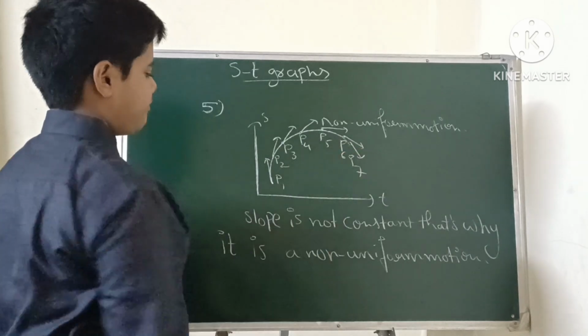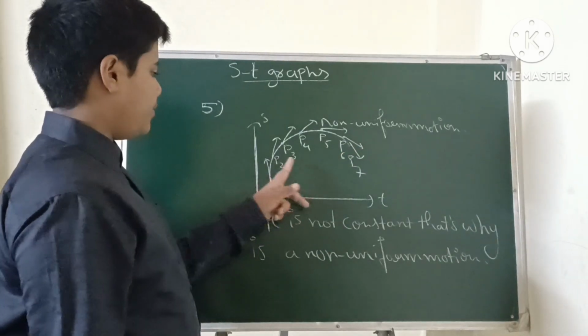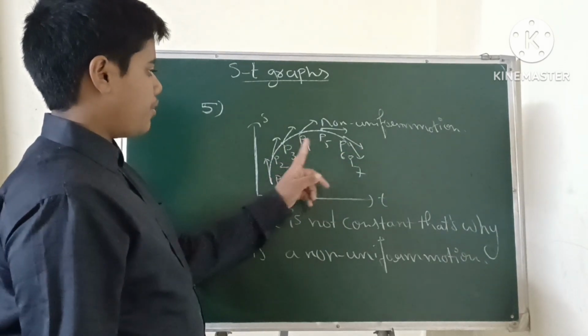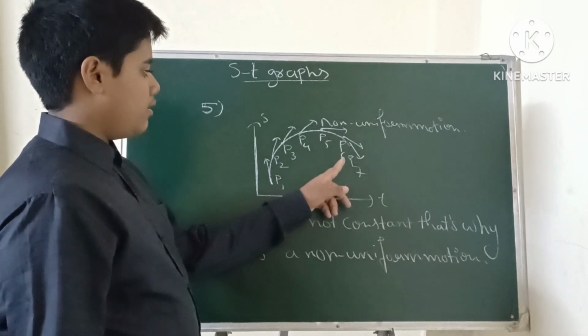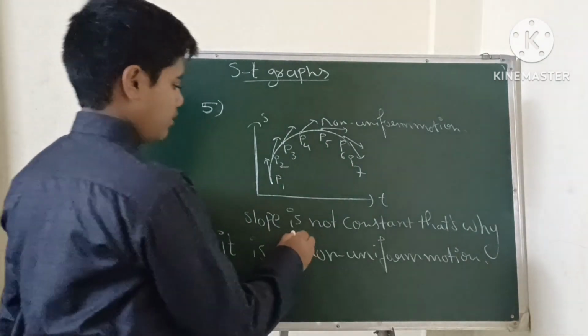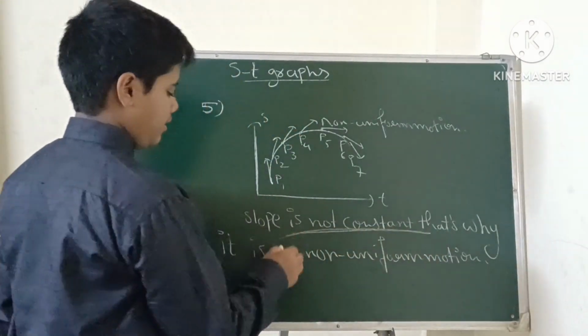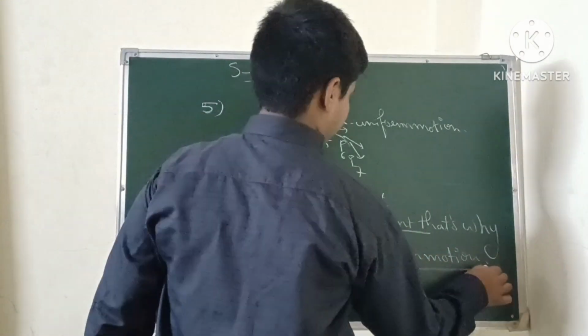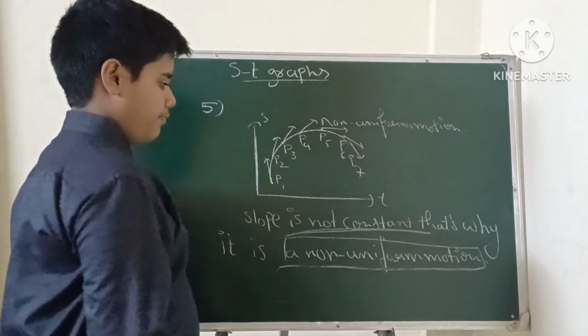The slope varies from P1 to P2, P2 to P3, P3 to P4, P4 to P5, P5 to P6, P6 to P7. So the slope is not constant. That's why it is a non-uniform motion.